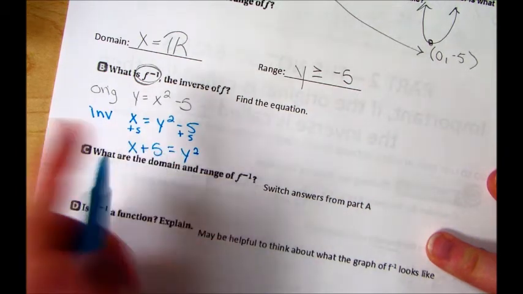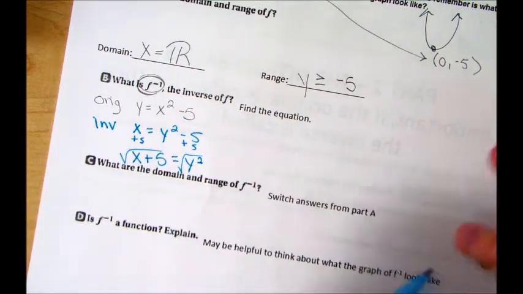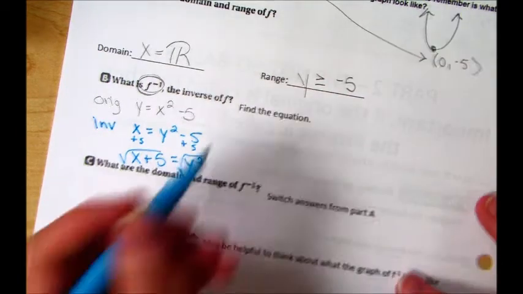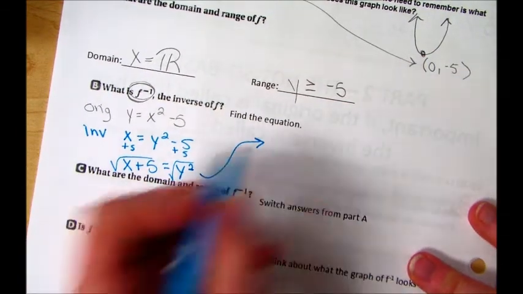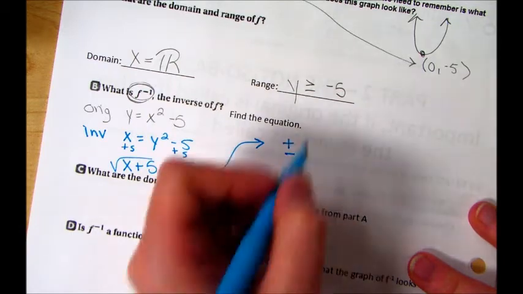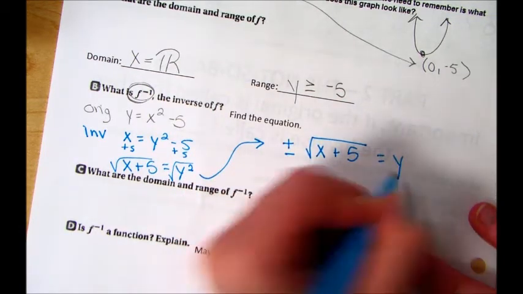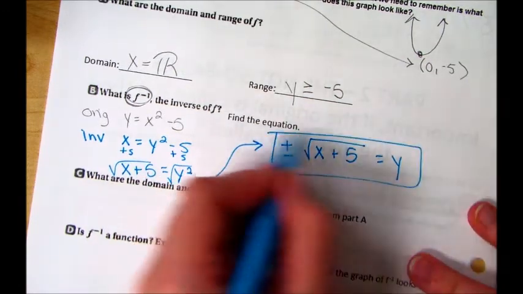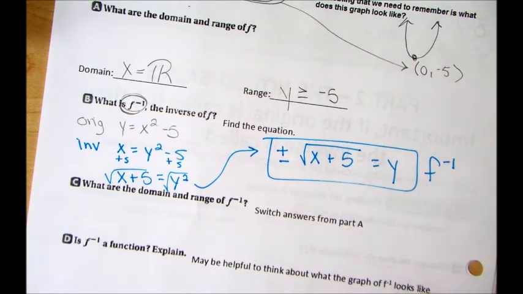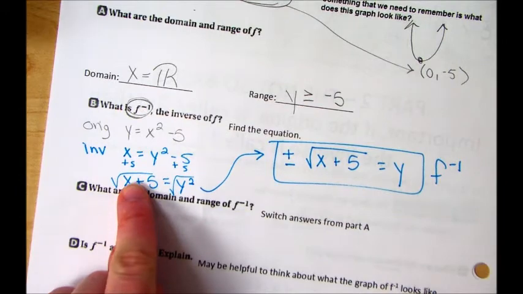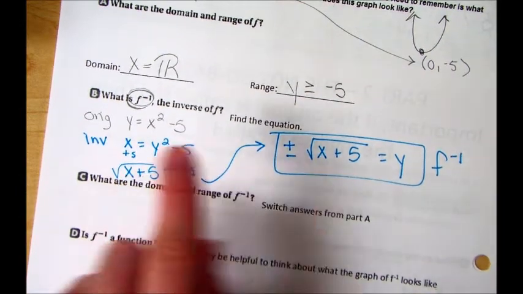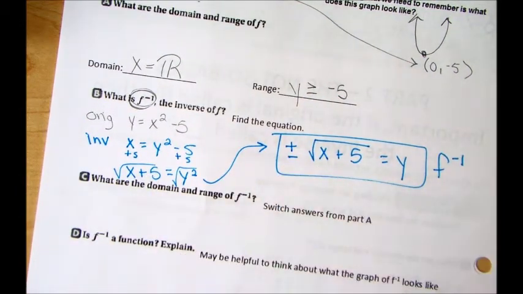And in order to solve for y, take the square root. So the inverse is a positive and a negative square root of x plus 5 equals our y. And that is the equation of the inverse. Remember, if you have to physically draw the square root sign, you have to use plus and minus.